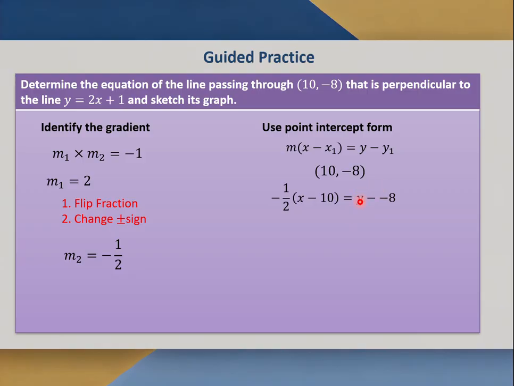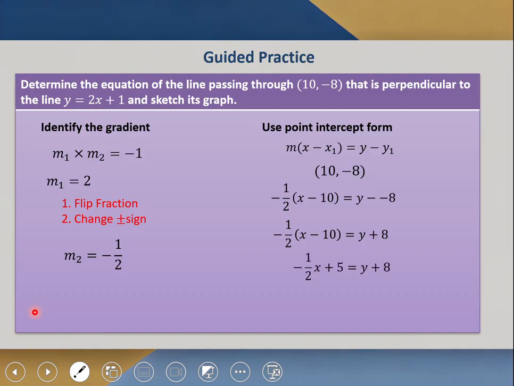We can simplify this out. A negative and a negative is equal to a positive. And then we can expand our bracket. So -1/2 times x is -1/2 x, and -1/2 times -10, a negative and a negative is a positive, half of 10 is 5, so that is equal to y plus 8.